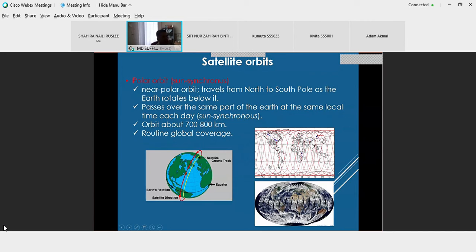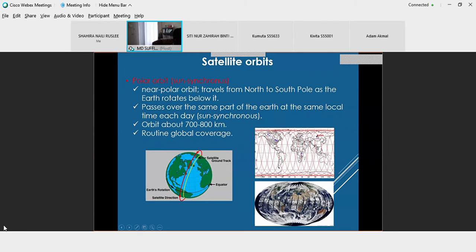Sebab kalau kita tengok kat sini, you boleh nampak katakan hari ni dia sampai di Malaysia. The next day dia akan cover di kawasan Indian Ocean. Lepas tu dia pergi juga kepada Indian Ocean di sebelah Western Indian Ocean. Lepas tu dia cover Afrika.